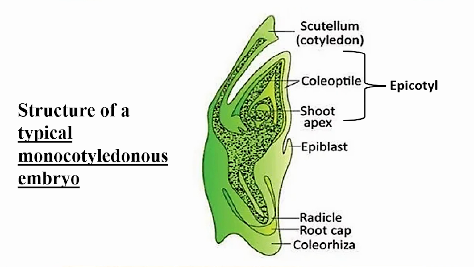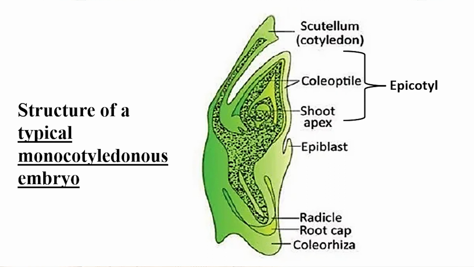It is only one cotyledon, and it lies towards only one side of the embryonal axis.